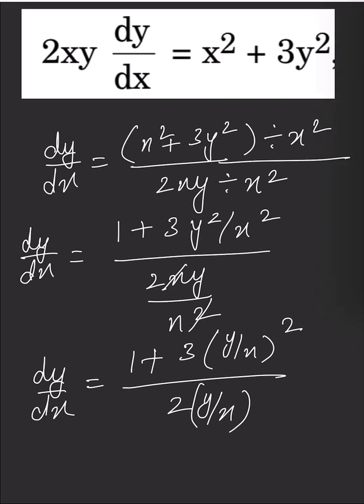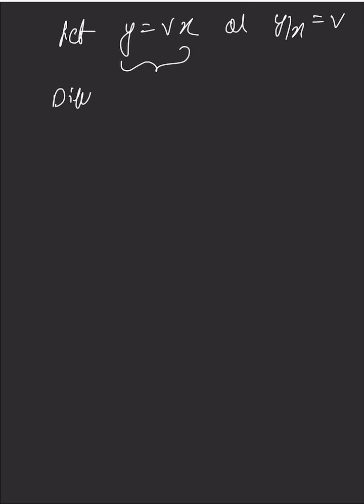So let me open a new page. You're going to write y is equal to vx, or in short, y by x is v. So the first value we'll find is we will differentiate this equation because we need dy by dx. So differentiating both sides, I don't have to write it. I'm just going to differentiate with respect to x. So left hand side we get dy by dx.